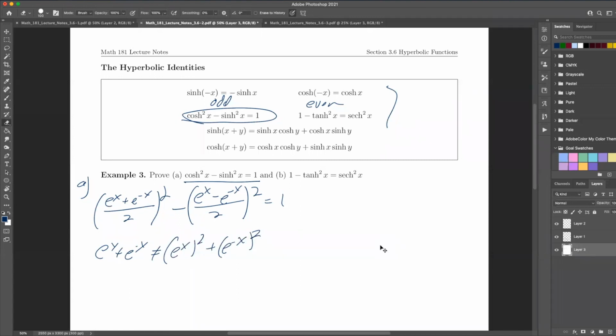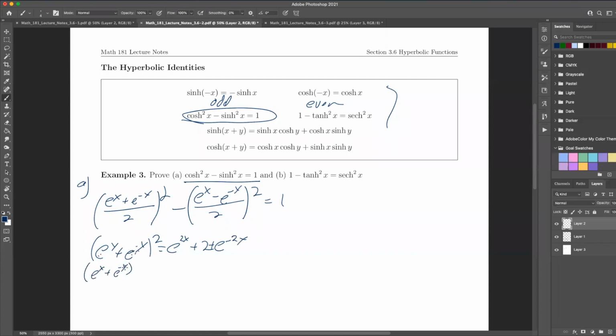Instead, write it as e to the x plus e to the minus x times e to the x plus e to the minus x, because you have to FOIL like before. This times this gives me e to the 2x, and then e to the minus 2x from this times this.